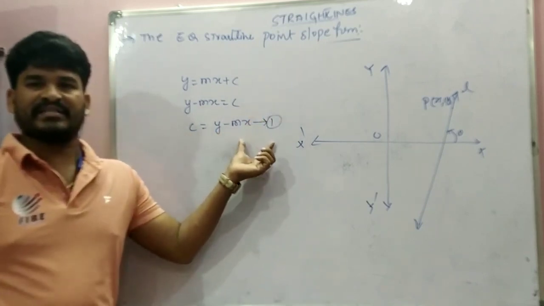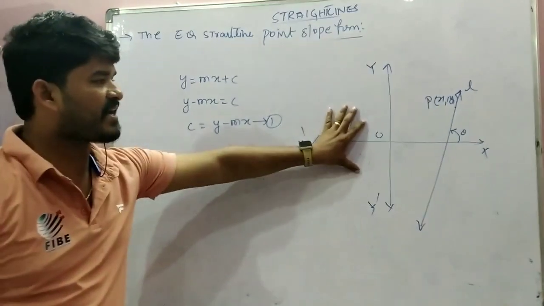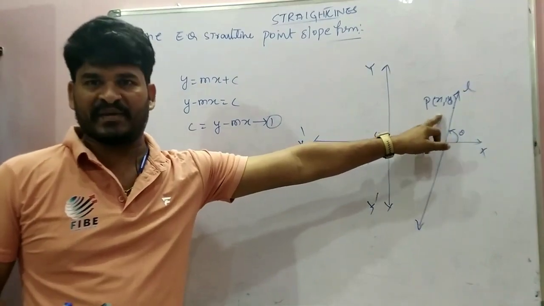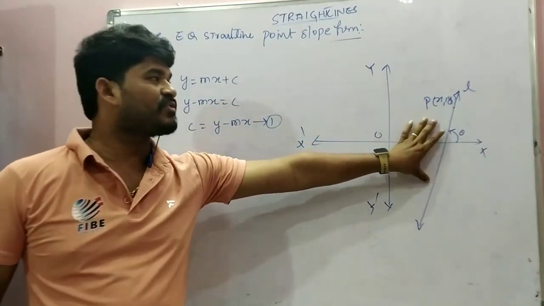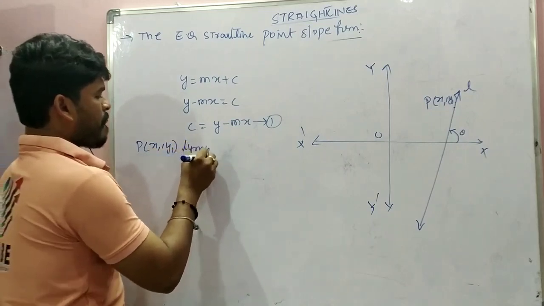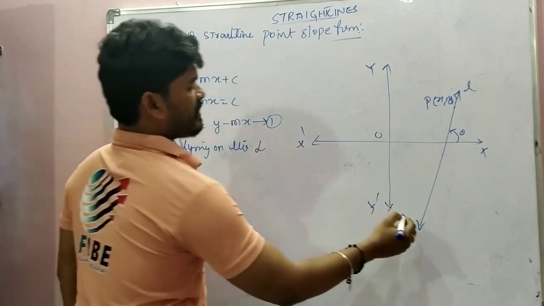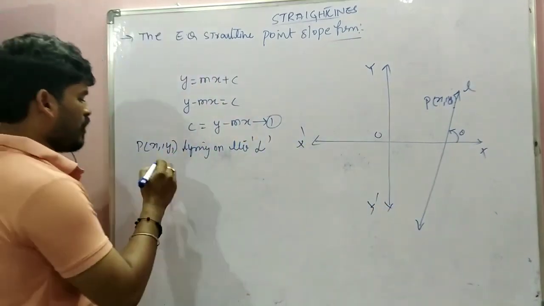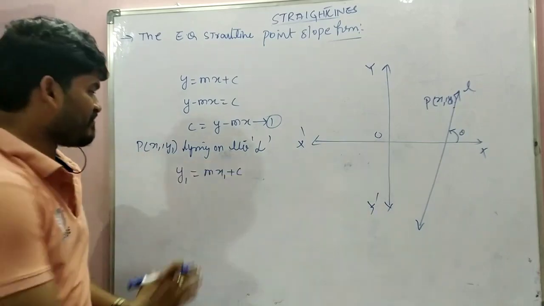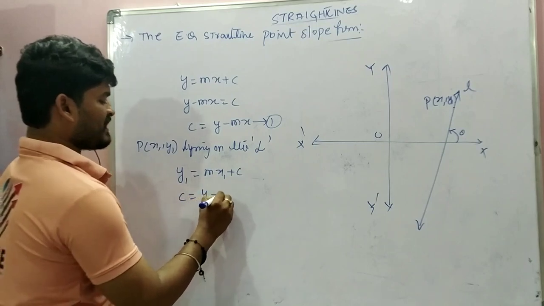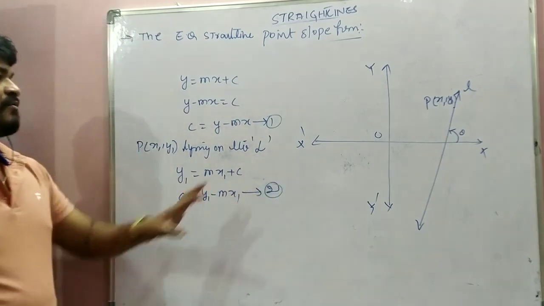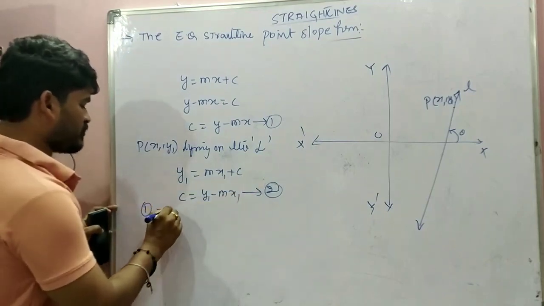From this diagram, the point P (x1, y1) is lying on the line L. Therefore y1 = mx1 + c is the equation of the straight line, and c = y1 - mx1. This is equation 2.